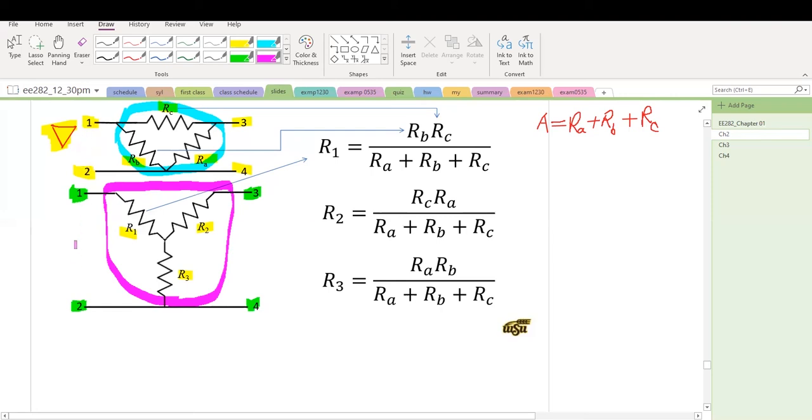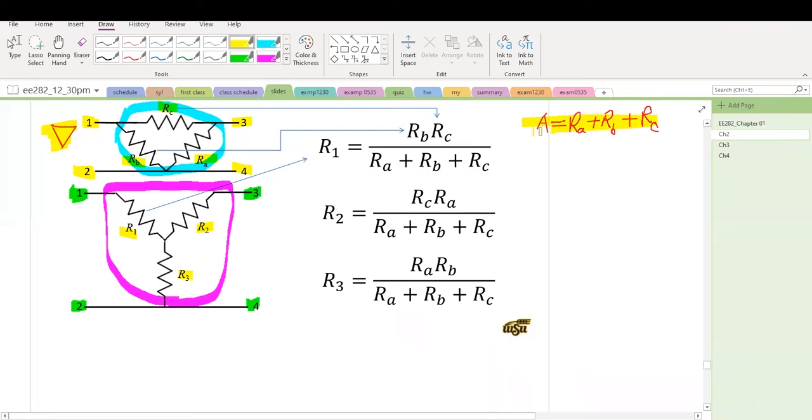So this 1, 2, 3, 4 and 1, 2, 3, 4 are the same terminals. After the connection is converted, the resistor values change. So what is R1? R1 equals RBRC divided by RA plus RB plus RC.